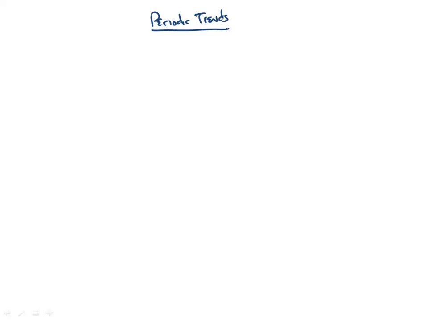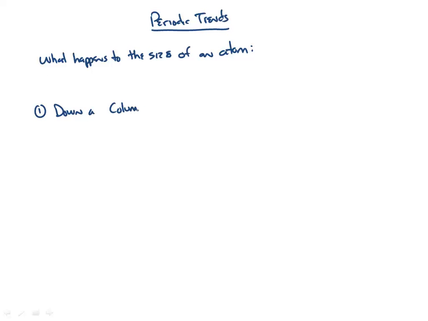You don't have to memorize the atomic size of anything, but you do have to think about how the trend works and what atom is generally bigger than another atom. So we want to know what happens to the size of an atom when, one, we go down a column, and two, we go across a row.